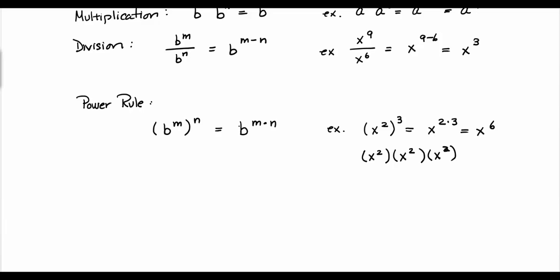Whoops, that should have been a 2. And then I would be adding all of my exponents here, and I get x to the 6th. Let's try another example. Say y to the 3rd, all raised to the 5th. That's just y to the 3 times 5, which equals y to the 15th.